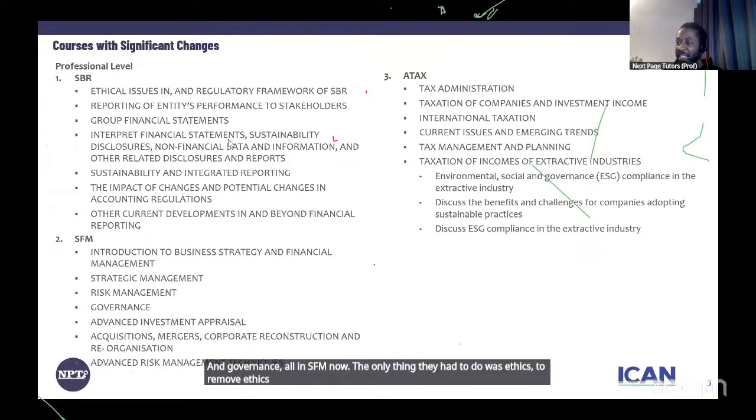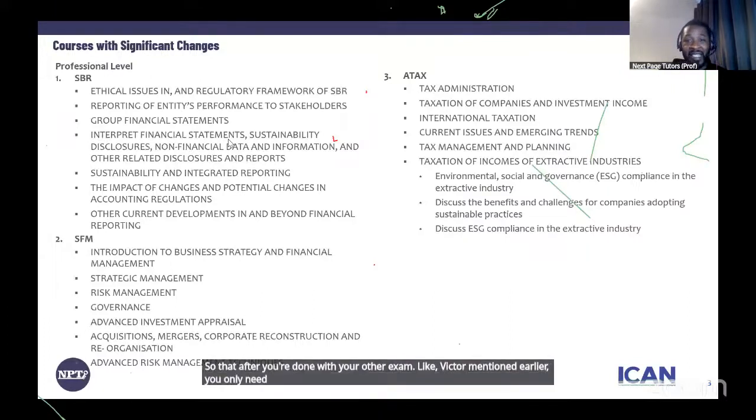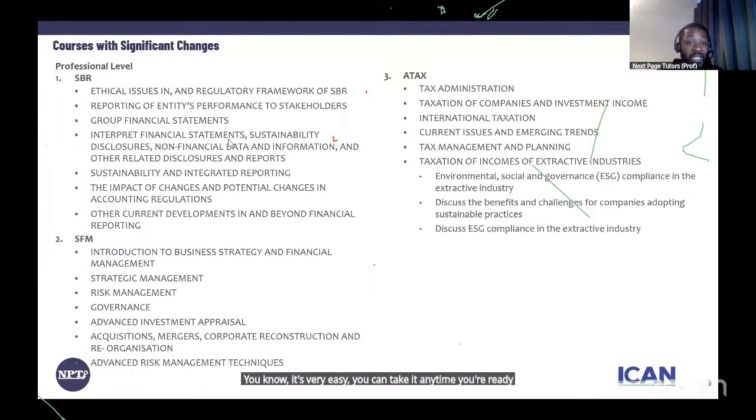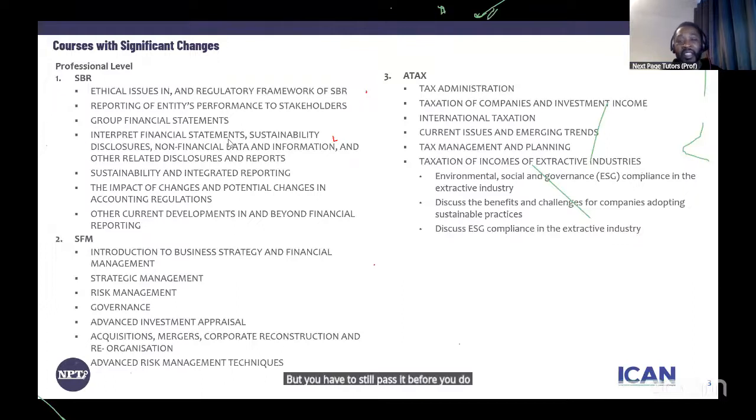Ethics, you still find it in some courses, but ethics is now independently taken out of the syllabus as a standalone bucket, so that after you're done with your other exams, like Victor mentioned earlier, you only need to take the ethics exam, which is online. And that one is very easy. You can take it anytime you're ready before induction, but you have to still pass it before you do your induction, right?